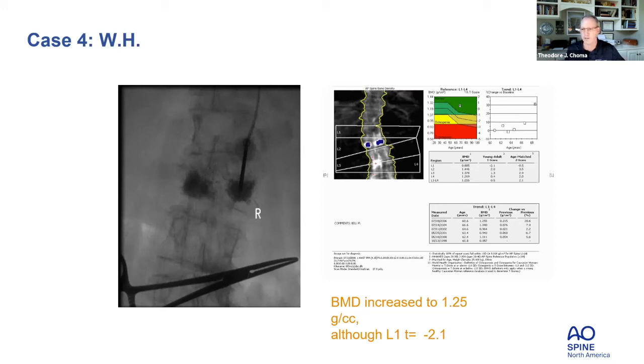And then, as you mentioned, Steve, there were some end plate sclerosis and osteophytes at L3 and L4. So even though the beam that went through L1 got a negative 2.1 T-score, her average T-score was considered normal, and her physician thought that she no longer had osteoporosis.